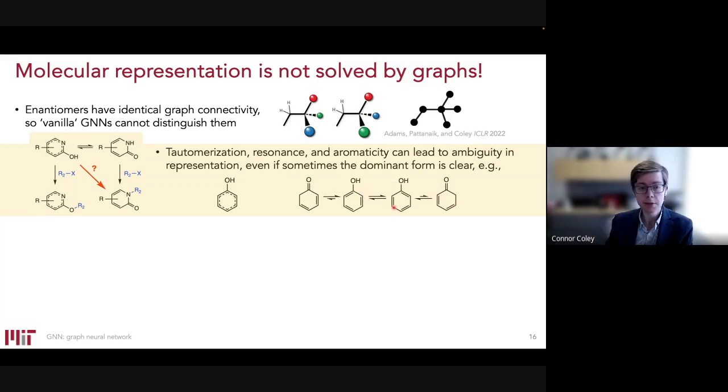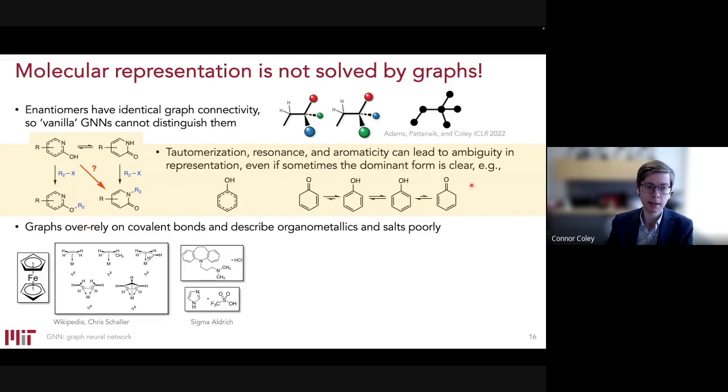And so this leads to some ambiguity in which representation is most applicable for the task at hand. There's all sorts of other complexity with regards to some chemical structures where bonding is not really between pairs of atoms. This ferrocene ligand, iron, is associated with all 5 carbons of this cyclopentadiene equally. And so it's unclear how one should represent this as a graph structure.